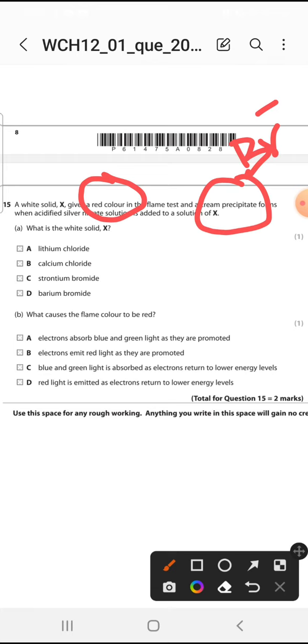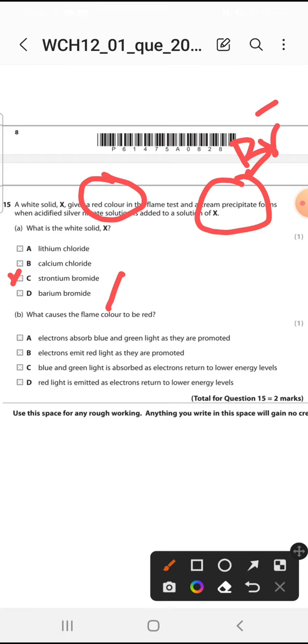It can be lithium, it can be strontium, we'll see. But the given answers must be a bromide, so the answer will be either C or D. Barium is apple green, so the answer will be C, because that gives strontium bromide. Strontium is red, barium is apple green, so the answer will be C.